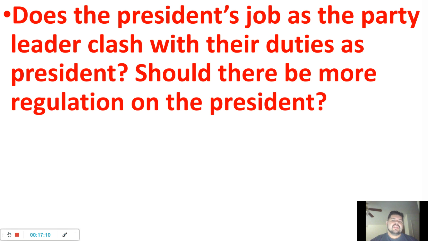So they are the leader of their political party, which says, we like this, we hate this, we should get rid of this. So my question to you is this: does the president's job as the party leader clash with their duties as president? Because remember, the job of the president is to make everybody's life better, not just those who voted for them or share the same ideas as them.